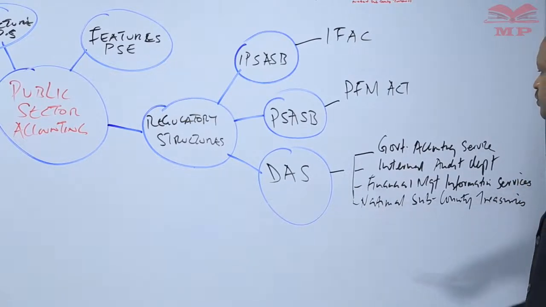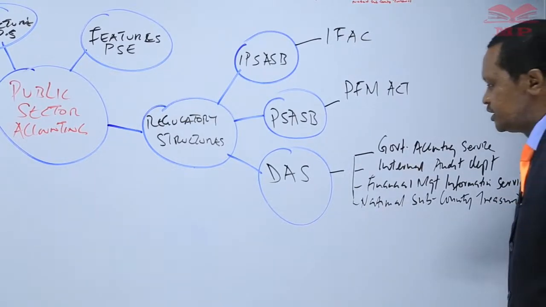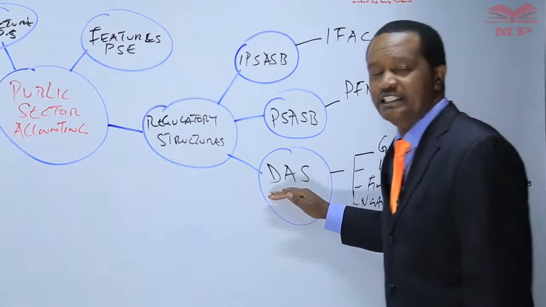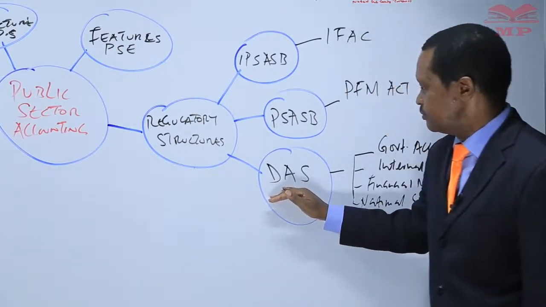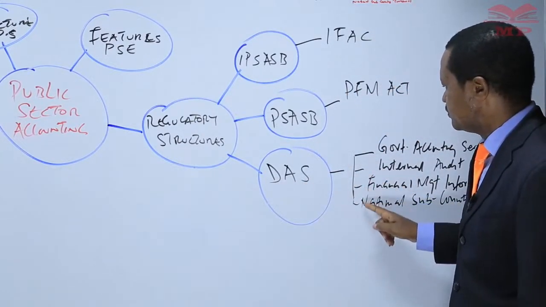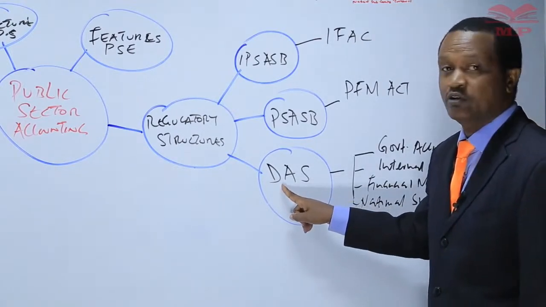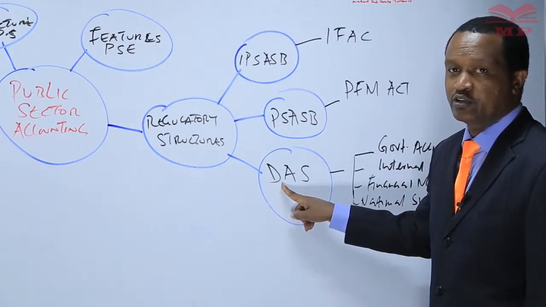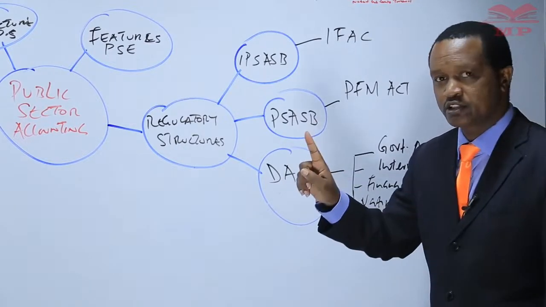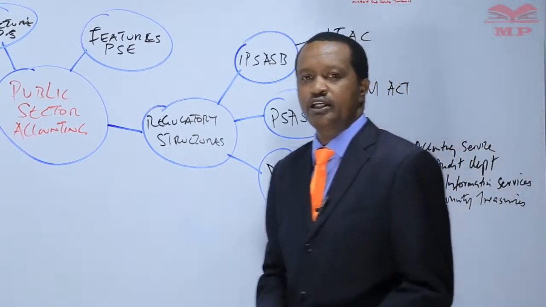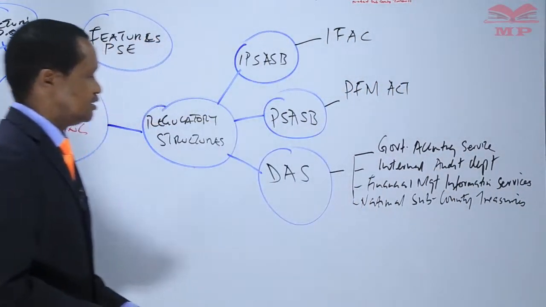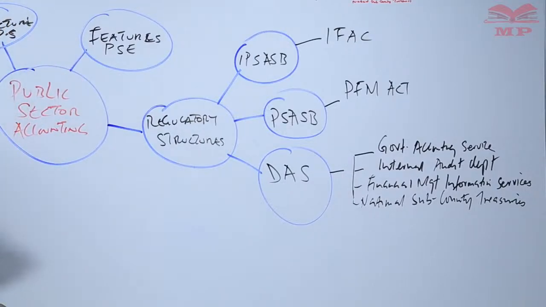So these are four directorates, and we gave 19 functions performed by them. And the Director General of the Directorate of Accounting Services reports to the Cabinet Secretary, National Treasury.